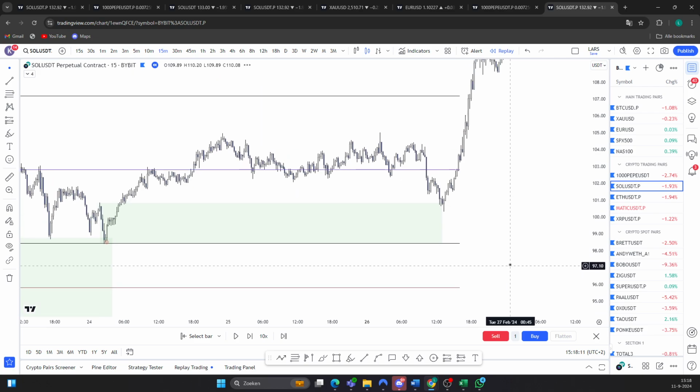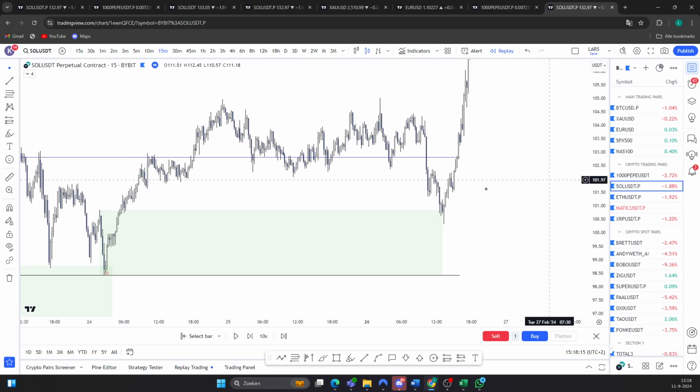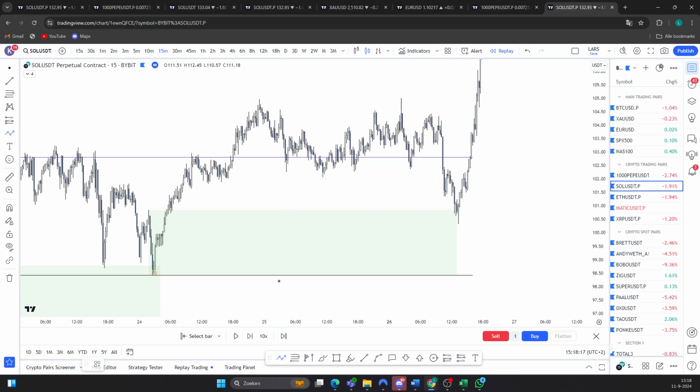Now, if we draw our structure to look at demand, or to look at extreme liquidity, we have a low and we have a high, a higher low for a higher high. Using the 6 candle rule, this will be your extreme liquidity.